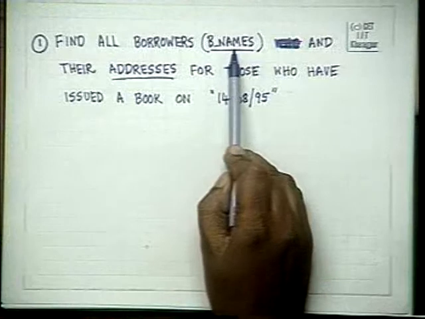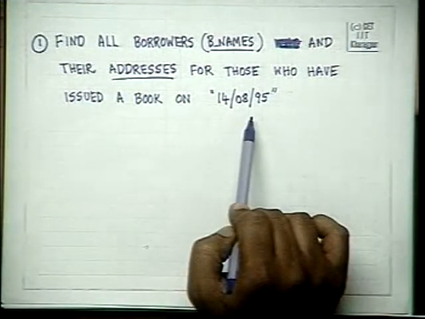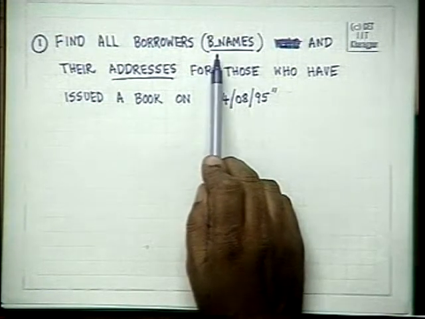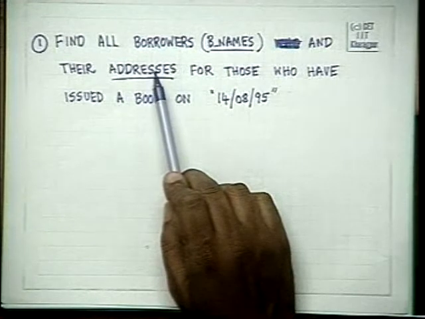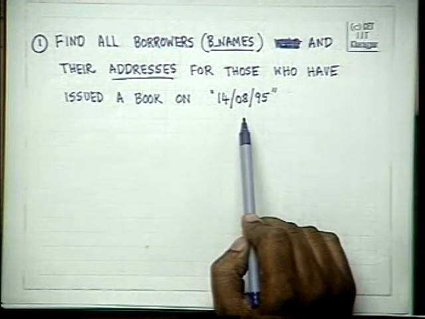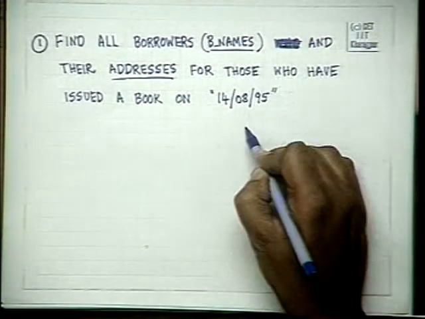Now this one, however, we have to find borrower name and addresses for those who have issued a book on 14/8/95. Now from the borrower relation we will get the card number, B name and B address. We will not be able to get the date of issue of a particular book. That will be available from the other relation.